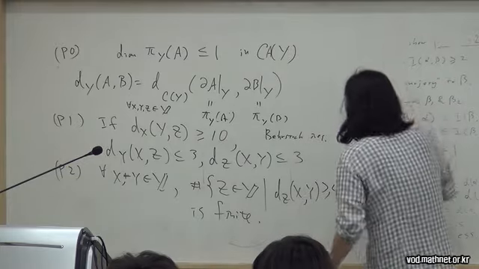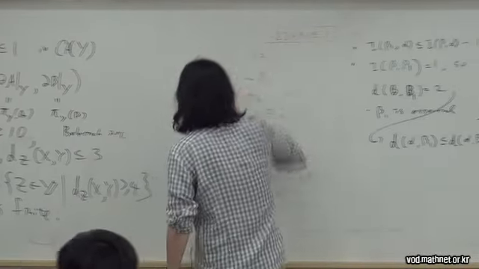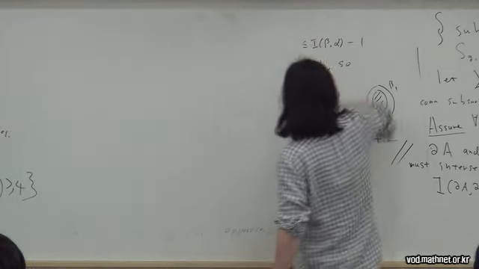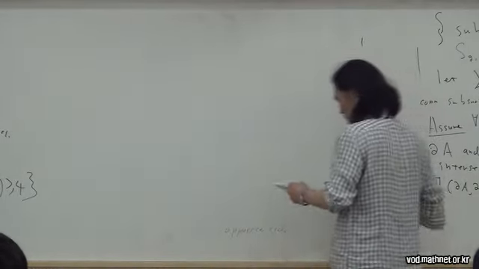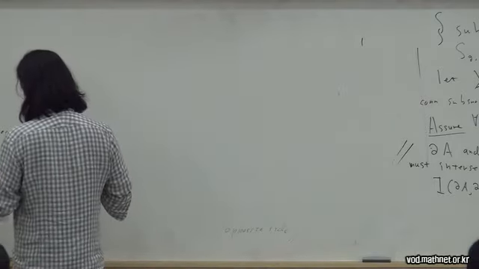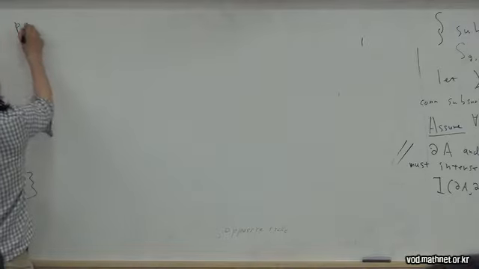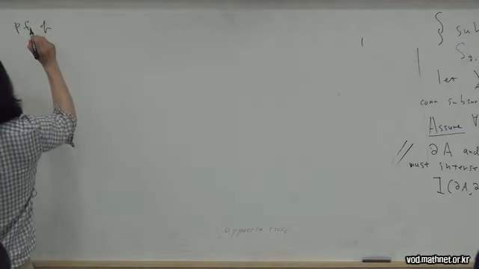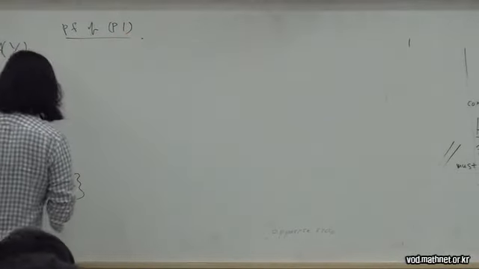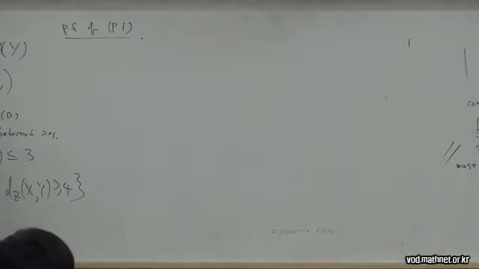I think for each one I need only 10 minutes, but maybe I prove only one. Which one do I prove? The second one. Yeah, for example, the proof of P1. Actually, there is something I didn't understand, but anyway, let me do it.